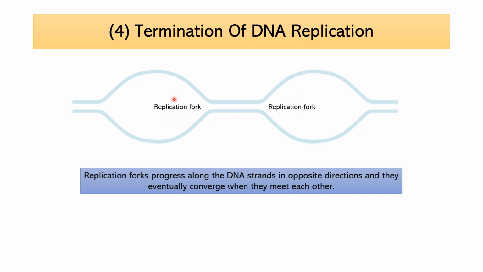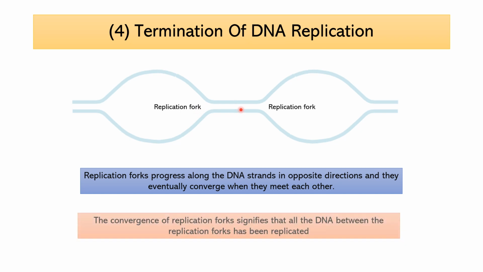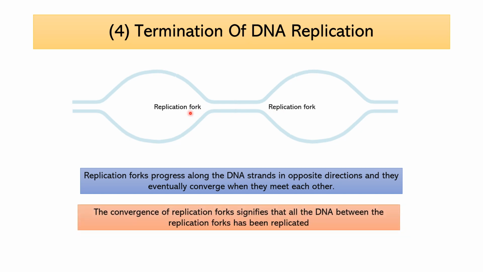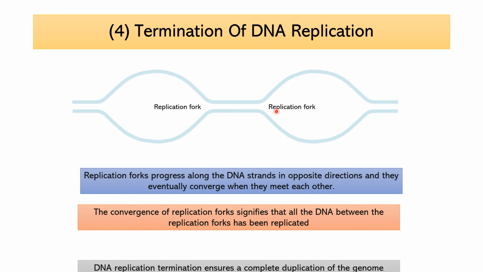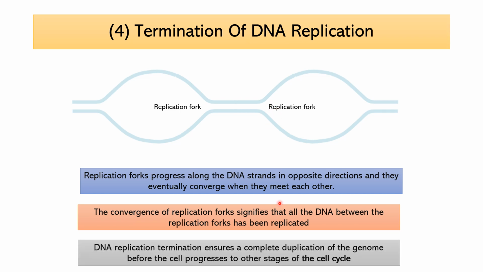Because the replication forks progress along the DNA strands in two opposite directions, when these forks meet each other, this signals that the DNA between these two replication forks was copied and the process of DNA replication has ended. This signifies to the cell that it is ready to move to the next stage of the cell cycle after the interphase.